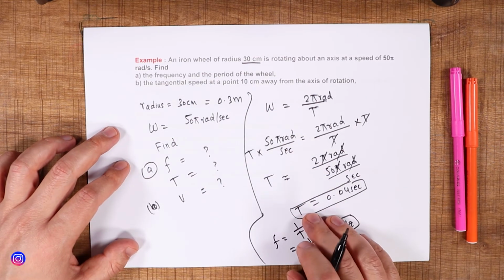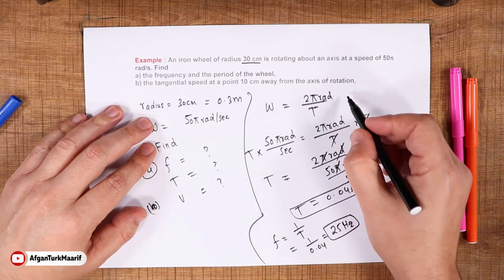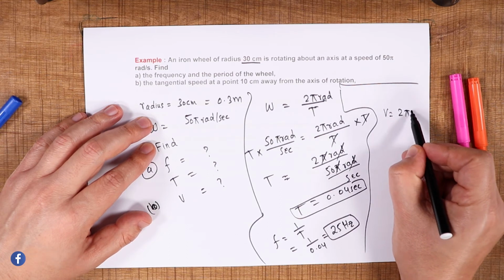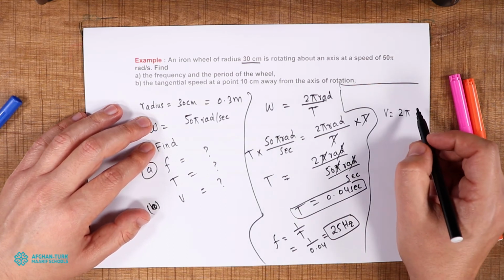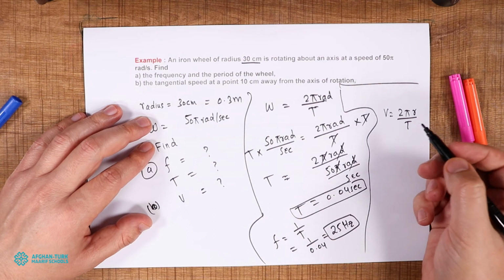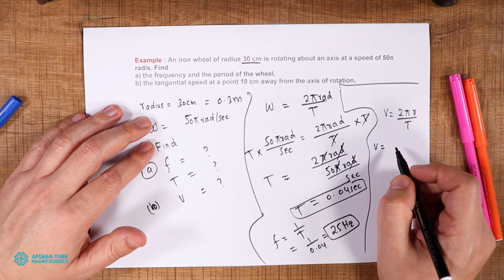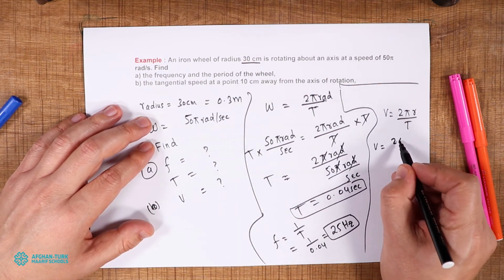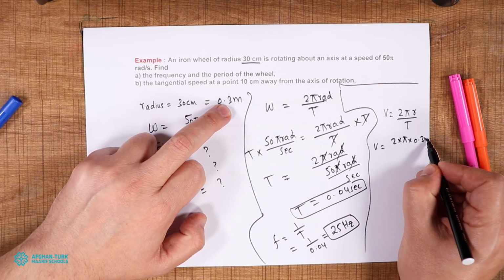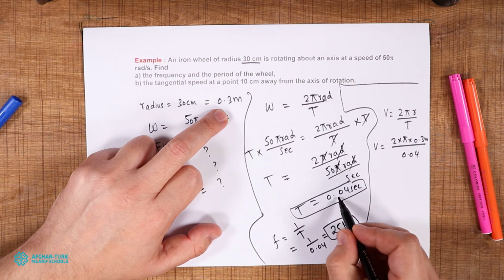Okay, the next part which is unknown is the tangential speed, the B part. We know that the tangential speed formula is 2 pi r divided by t. There are some different formulas, but I want to find it directly like 2 pi r divided by t. So V is equal to 2 multiplied by pi multiplied by the radius, 0.3 meter, divided by the time period 0.04, which we already found.